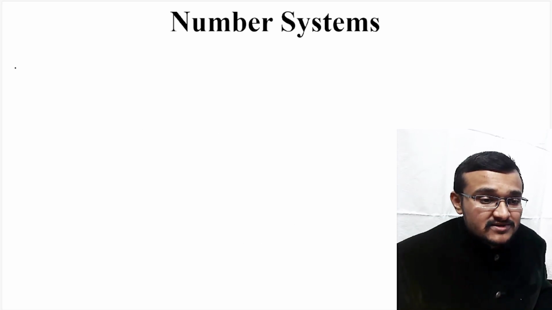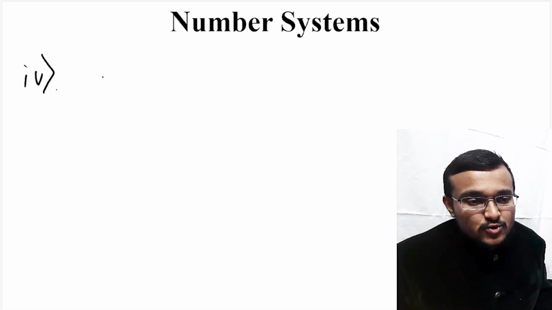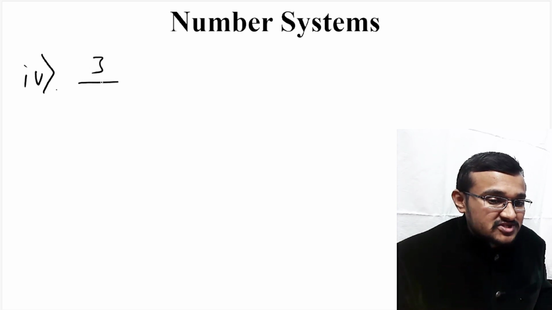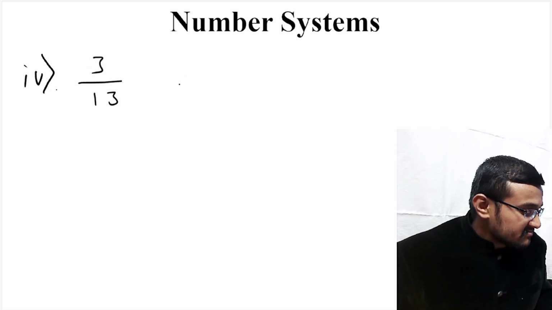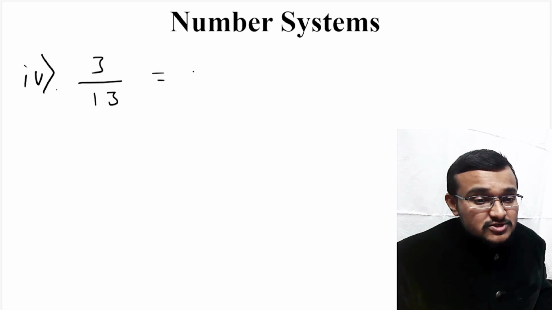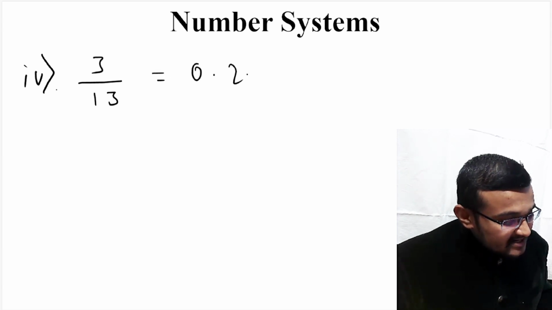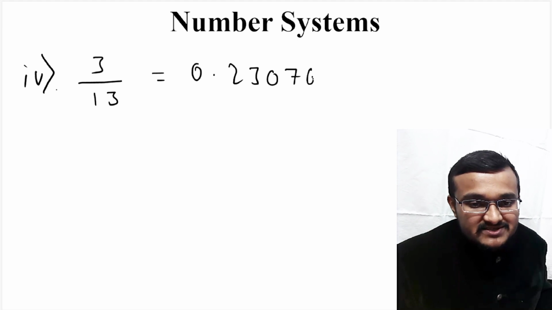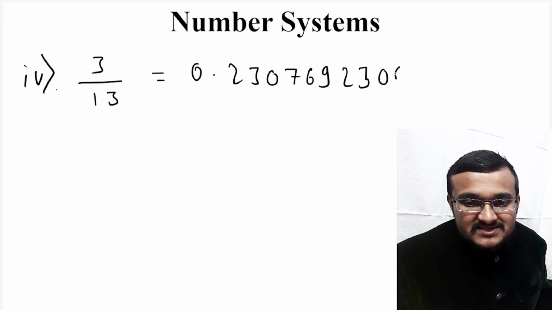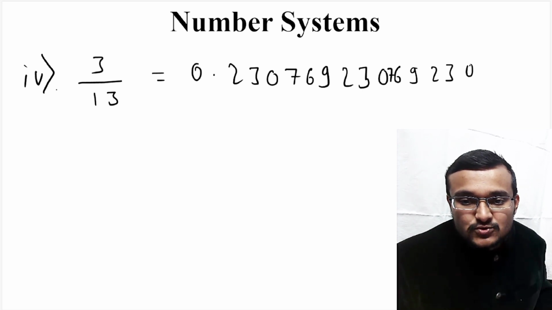Now coming to the fourth question, the third question you can do on your own. Here you have 3 by 13. When you calculate the value for this 3 by 13, you will get 0.230769, and again you will get 230769, and you will go on getting 230769.